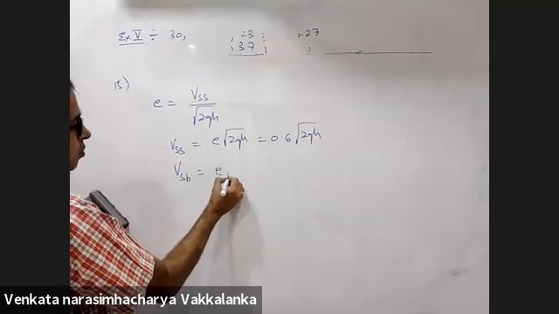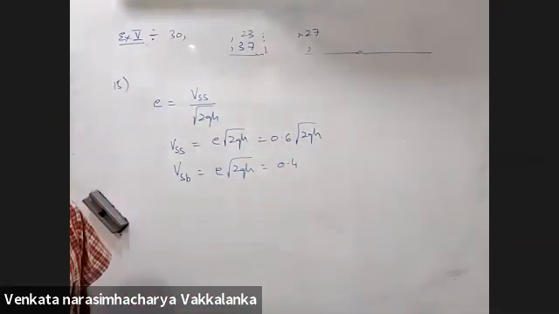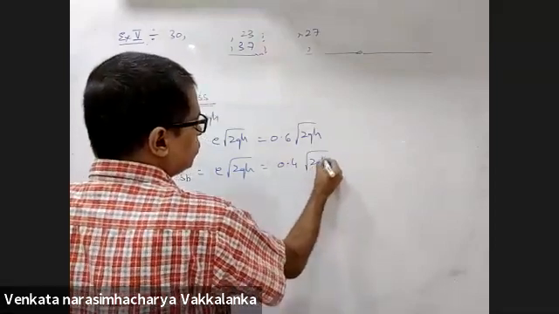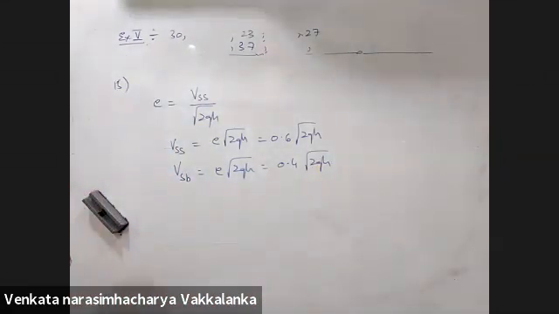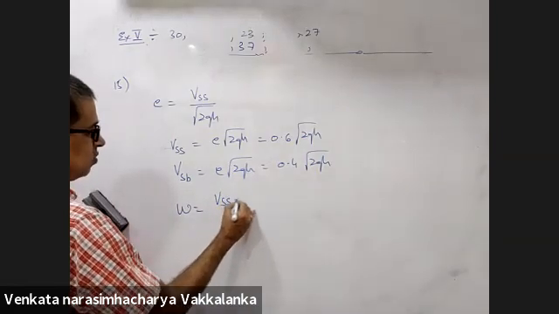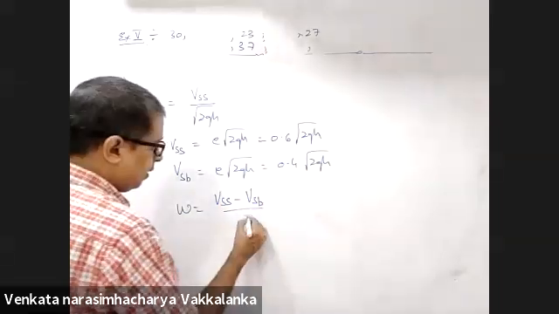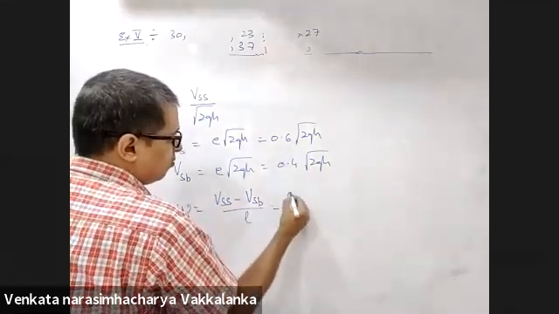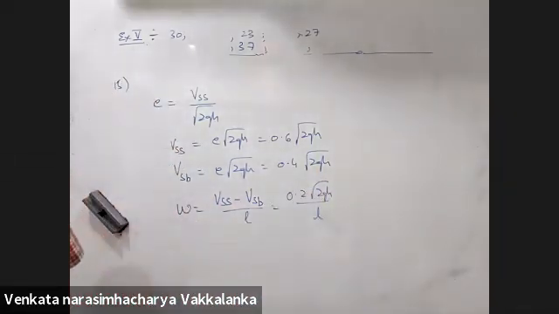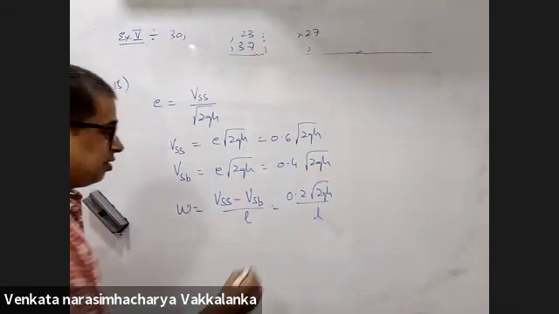The velocity of SP is E into under root 2gh, which is 0.4 under root 2gh. Omega will be the velocity of SS minus the velocity of SP divided by the length between them, L. So 0.6 minus 0.4 is 0.2 under root 2gh divided by L. You get the answer.